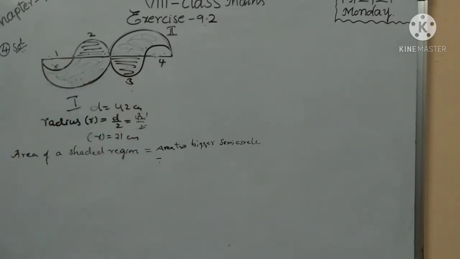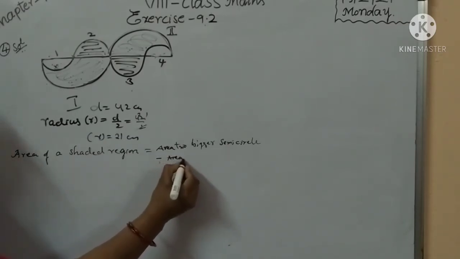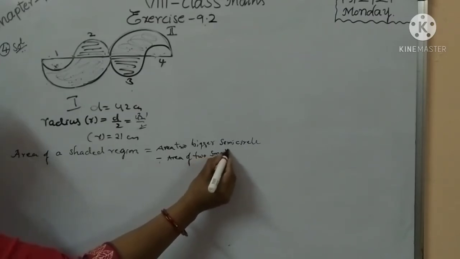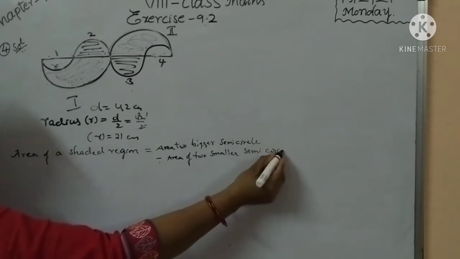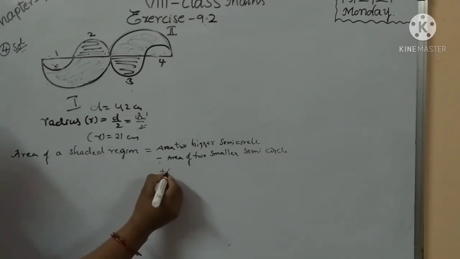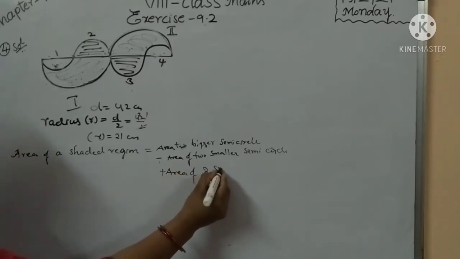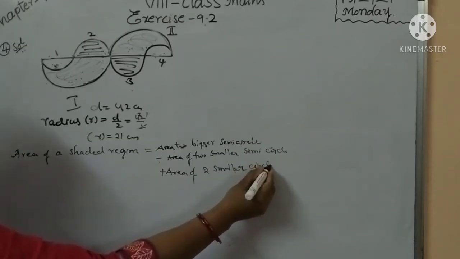Minus area of two smaller semicircles, plus area of two smaller semicircles. Did you understand?